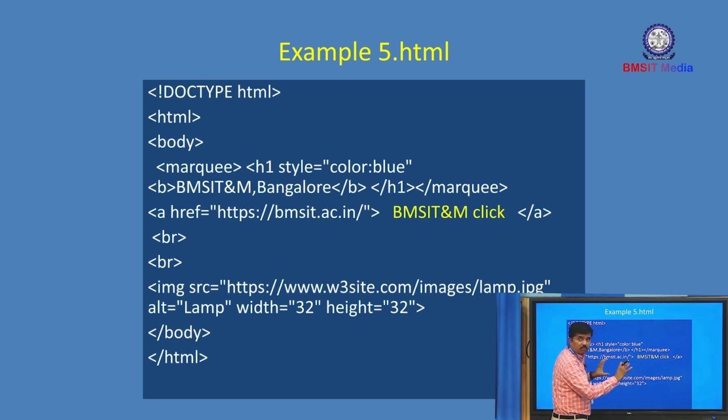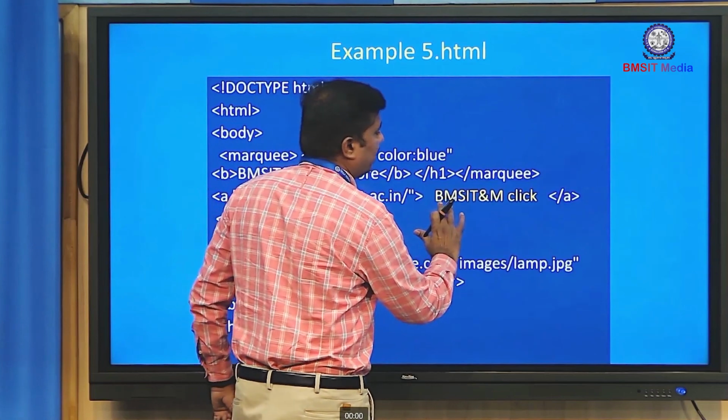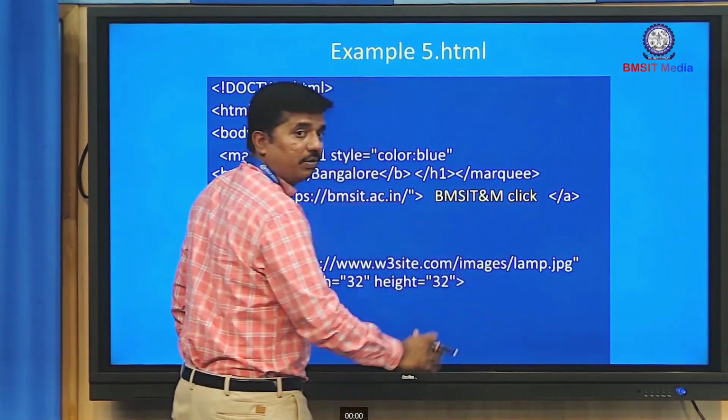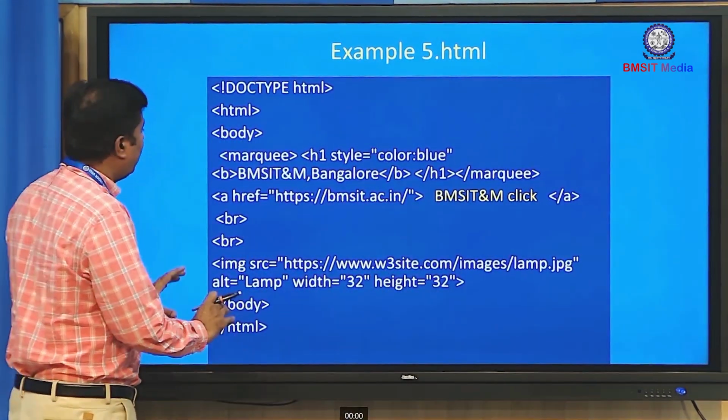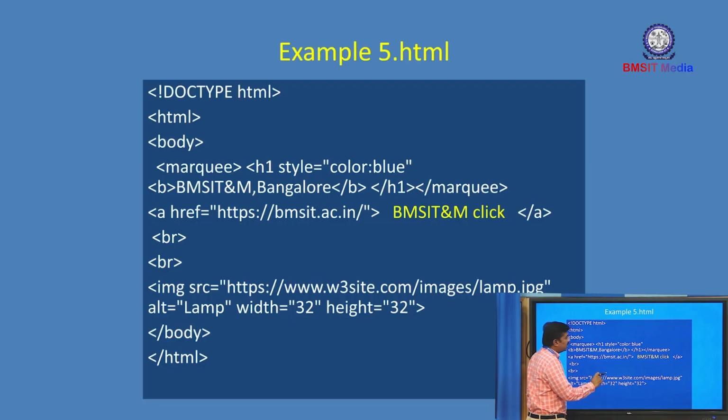From the right side it is rolling, and meanwhile there is one underlined text which is tagged A, with an H reference to the website. As and when I click the name, it links to this website, and there I gave a break to give some space, and you might have seen a lamp. If the lamp is not loaded, obviously it will say the lamp text.